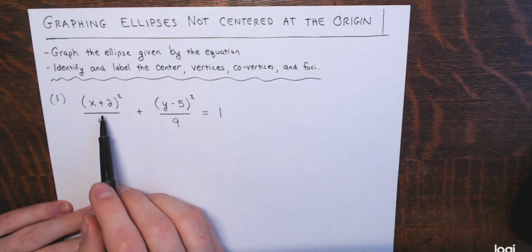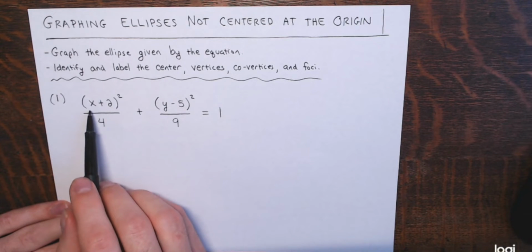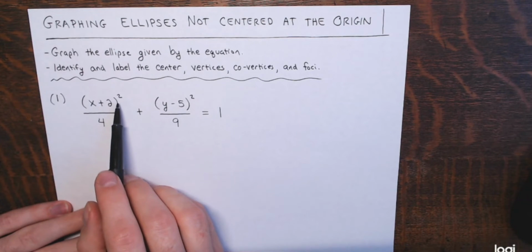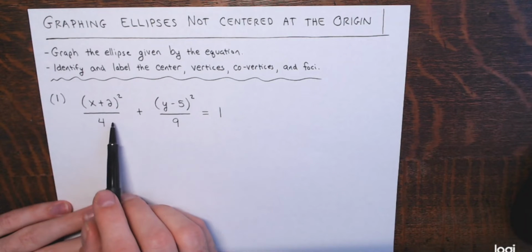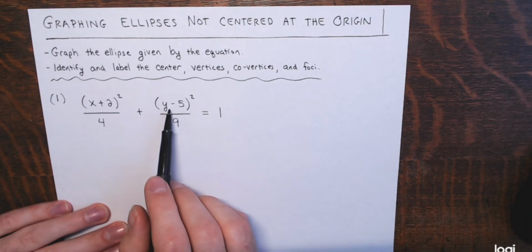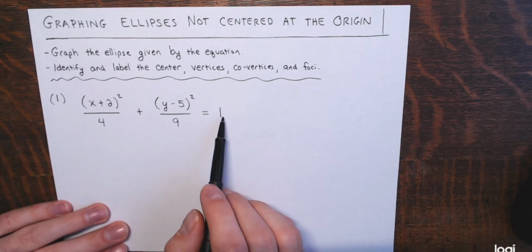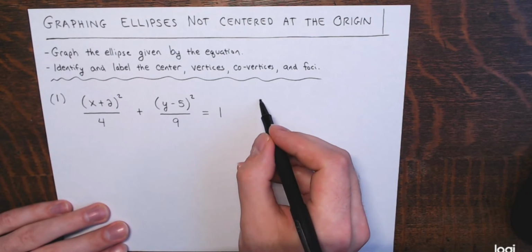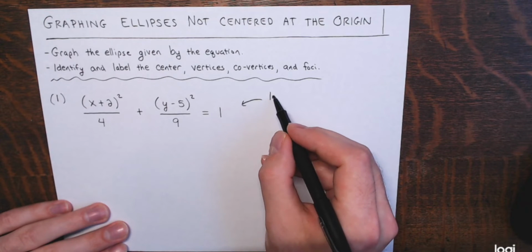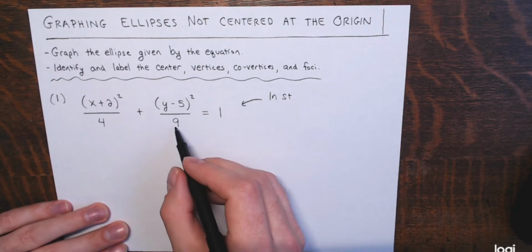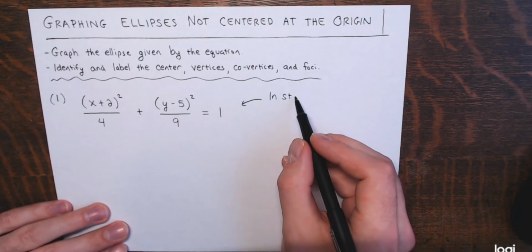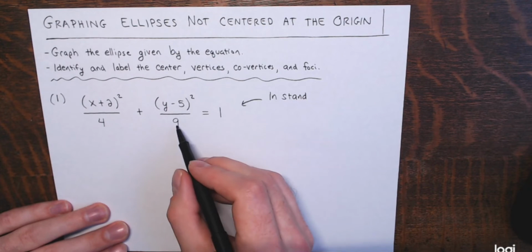The first equation I'm given is the quantity x plus 2 squared divided by 4, plus the quantity y minus 5 squared divided by 9, equals 1. This is in the standard form where the larger denominator is under the y term. That larger denominator will be a squared.